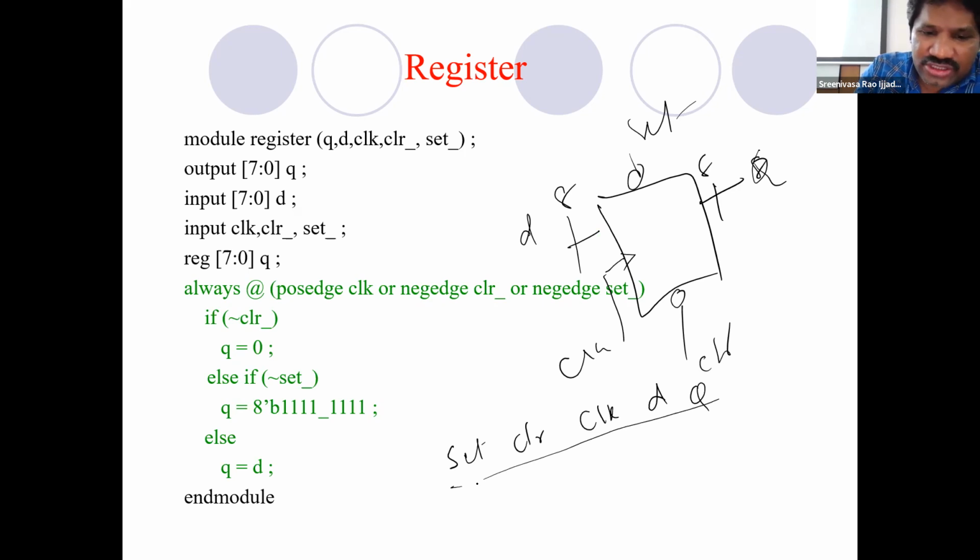If set is 0 and clear is 0, irrespective of the clock and the input, output is 0. Sorry, small change.